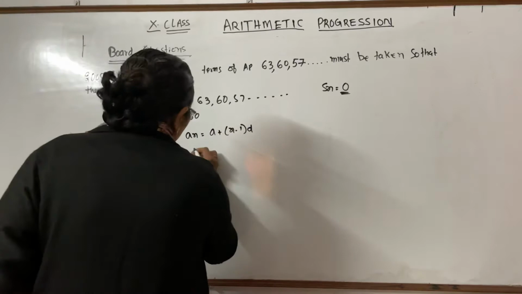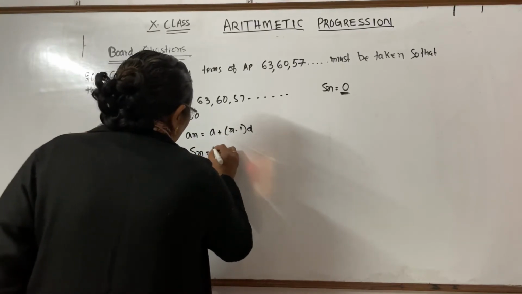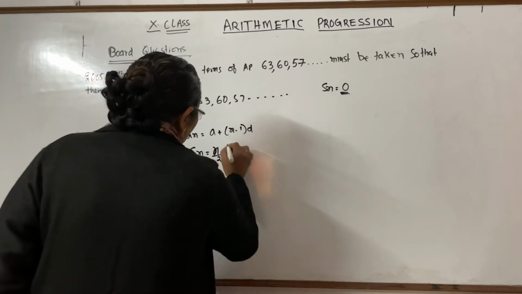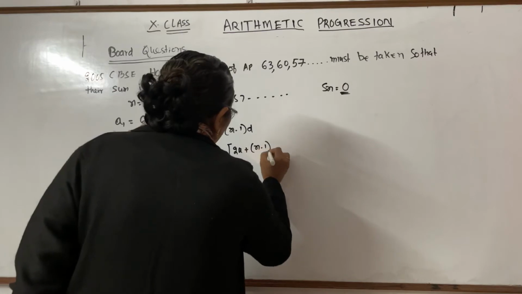Let's use this formula: Sn equals n upon 2 into (2a plus (n minus 1) into D).